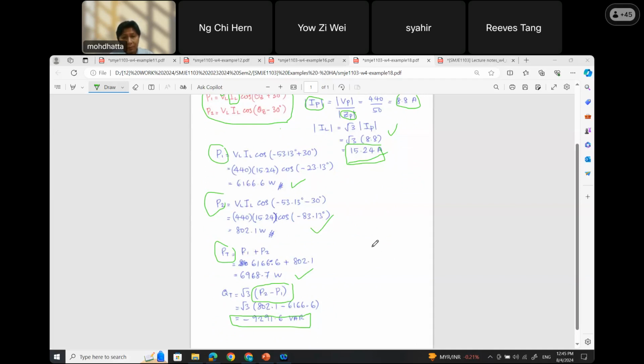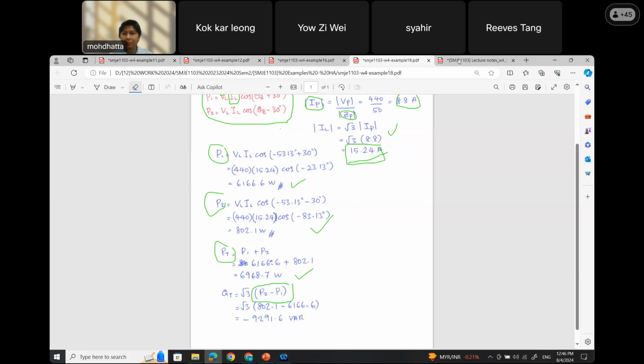Okay, the power factor should be leading because our reactive power is a negative value. Leading power factor.